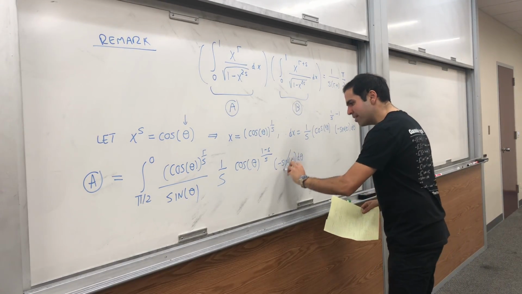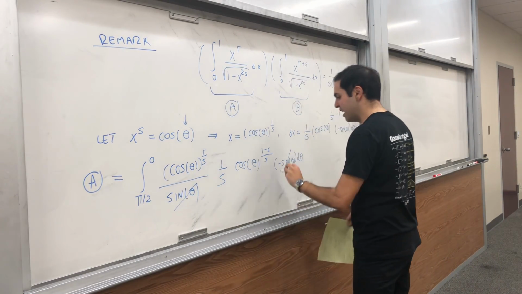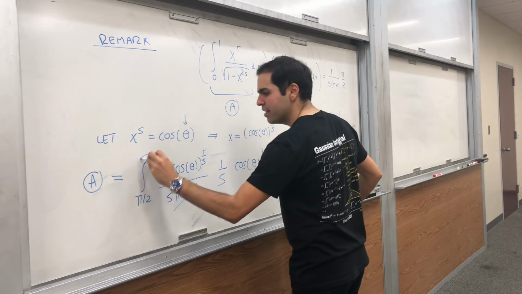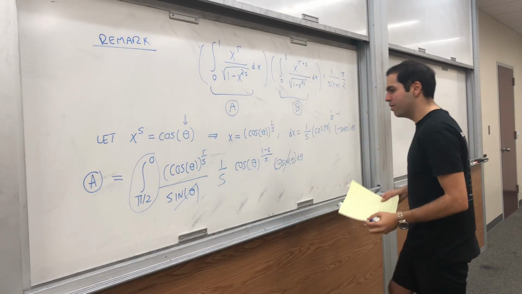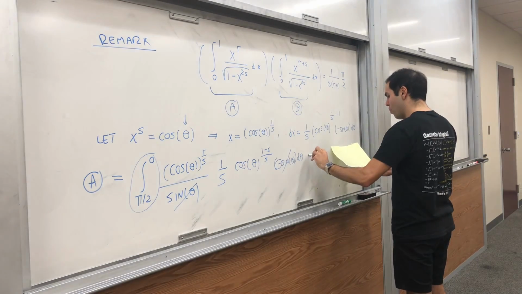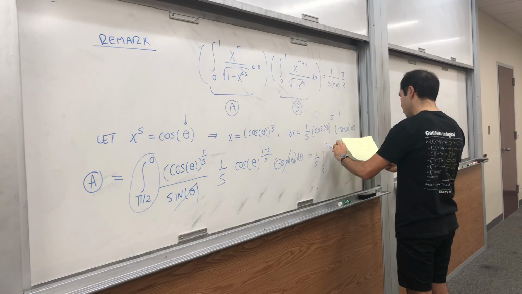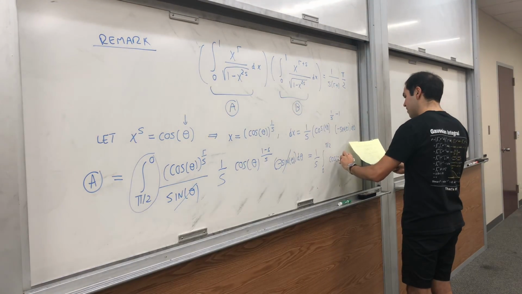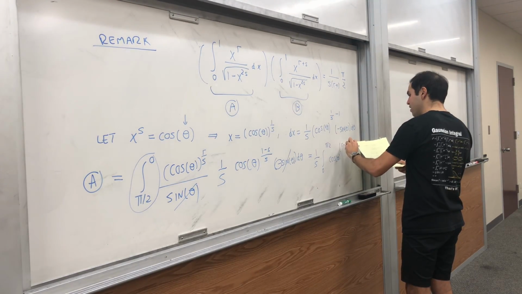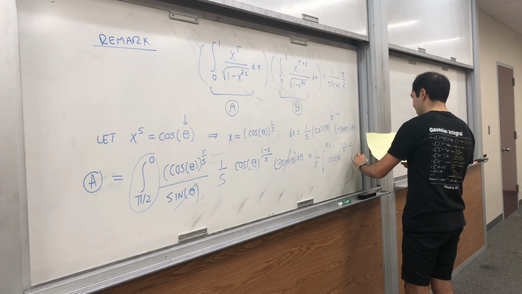And lo and behold, the sine terms cancel out, and also this minus sign rectifies this integral, and you're left with 1 over s integral from 0 to pi over 2 of cosine of theta to the r plus 1 over s minus 1 d theta.